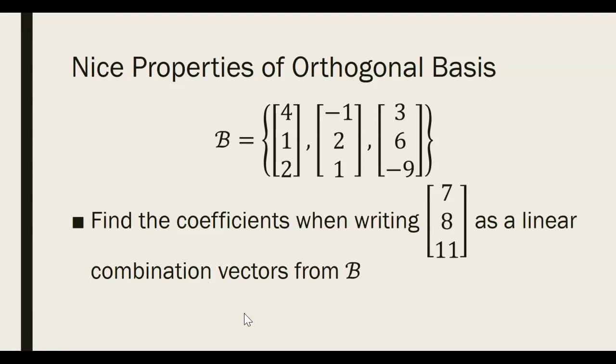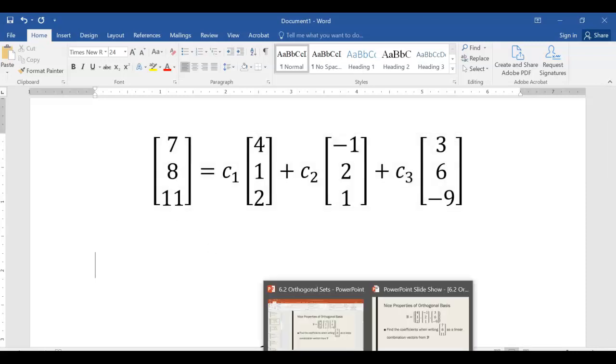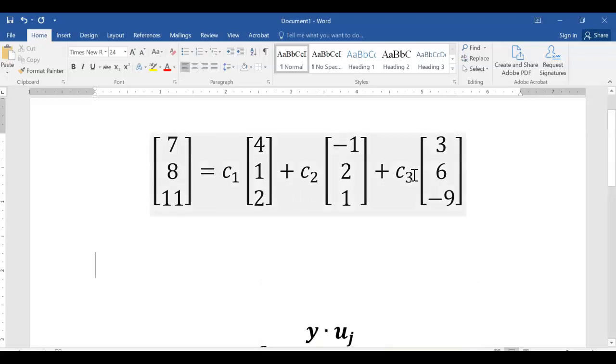All right, so here's what I went ahead and did. Now, here's how we're thinking. We're thinking that 7, 8, 11 is a linear combination of these three elements.